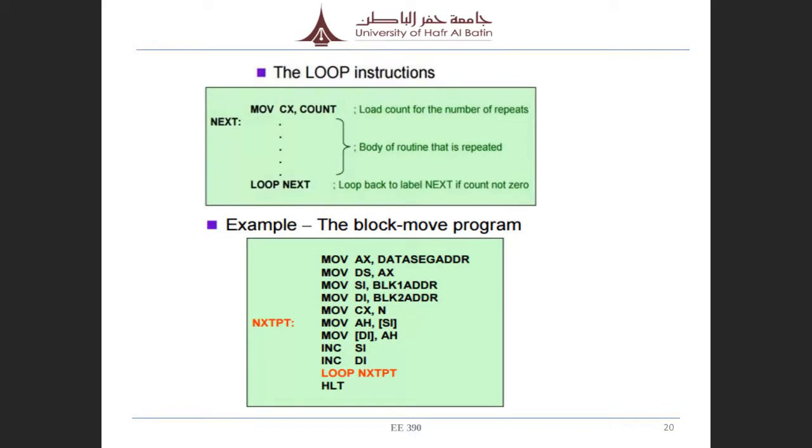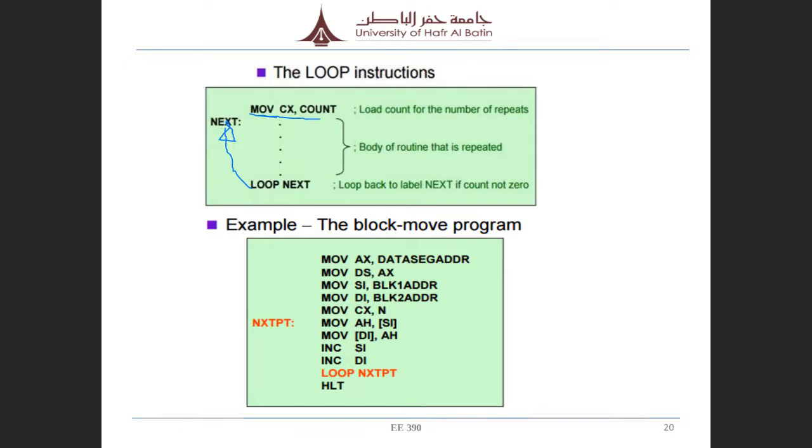If you remember, in a loop instruction we set the counter at the beginning, and at the end we say loop next. It continues the loop until the CX value becomes 0, the counter value becomes 0.